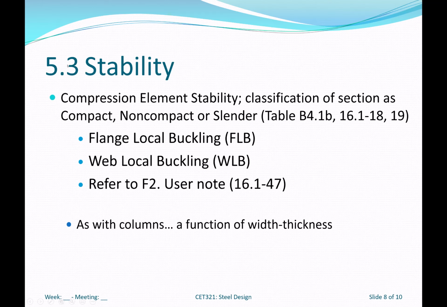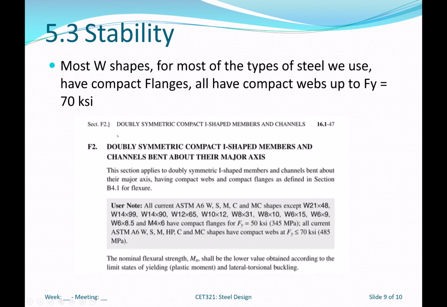And if you look at user note F2, it'll tell you that very few flanges are non-compact and all webs are compact. So it's not as big a problem as we might think. It just occurs every once in a while. It's just something you have to make sure you remember to check.